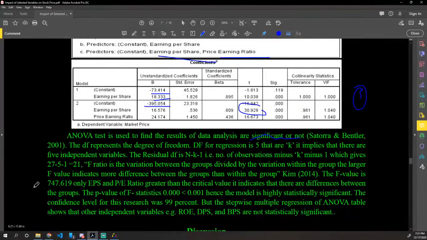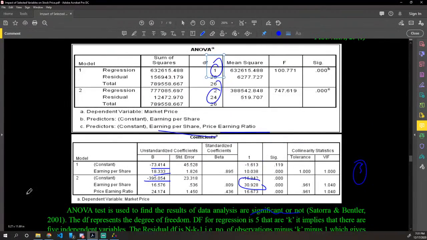And then after that the F value is 747. Where is that? 747.619. What is that?